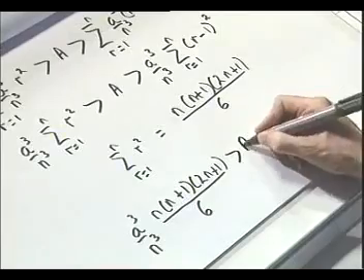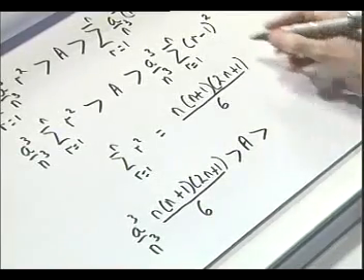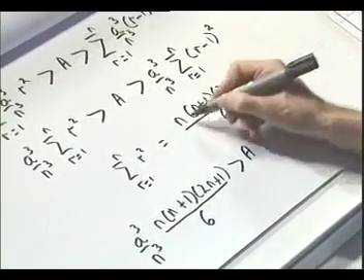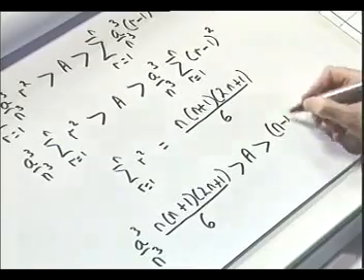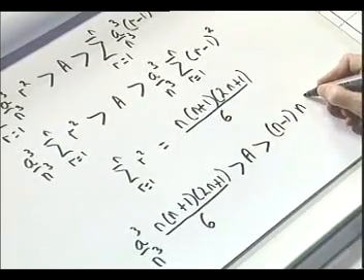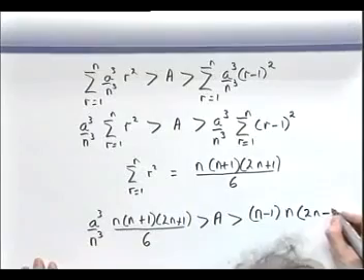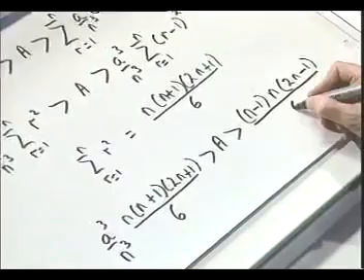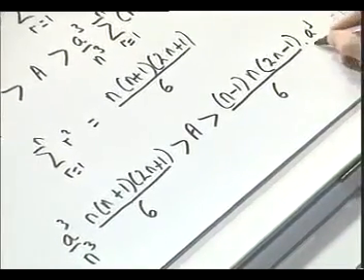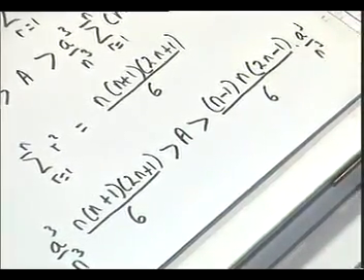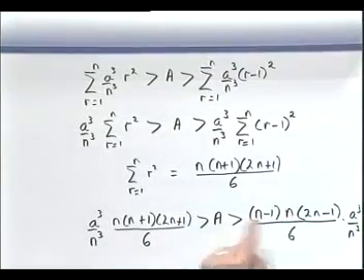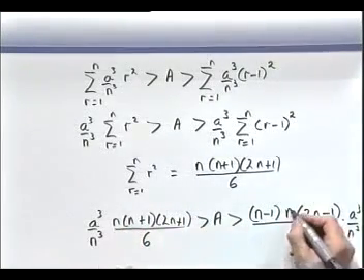is bigger than a is bigger than. Now this is, if you like, r minus 1, so in a sense we're always one less than n, so we want n minus 1 times n times 2n minus 1, which is what we get when we replace n by n minus 1, all over 6 times by the a cubed over n cubed. Now, in each case, we've got this a cubed over n cubed times by 6. And in fact, we've got an n, look here, on either side that we can cancel.